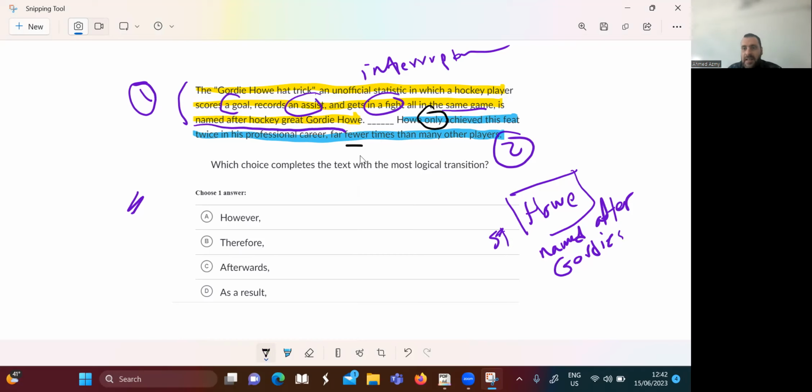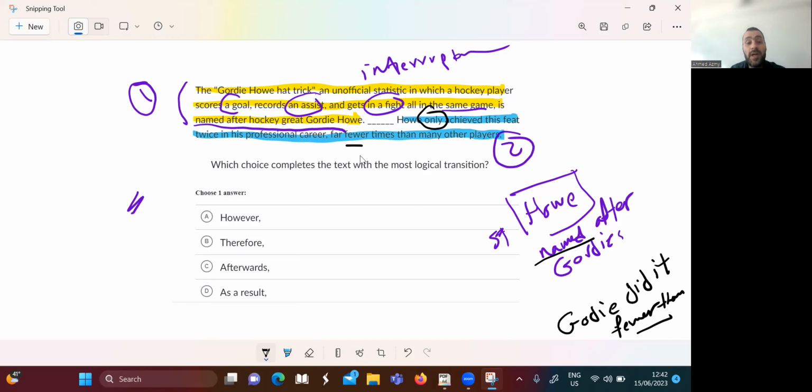So it's not logical. It's named after Gordie, and Gordie did it fewer than anyone else. It's not logical at all. That's why, what's the relationship here?